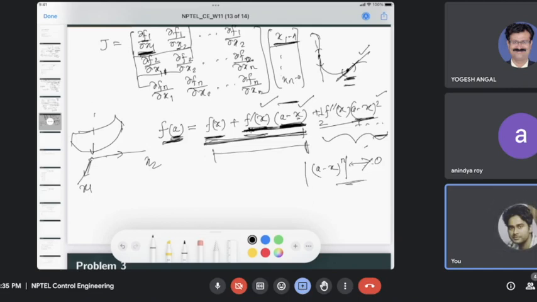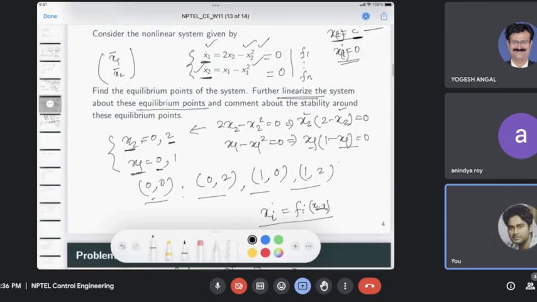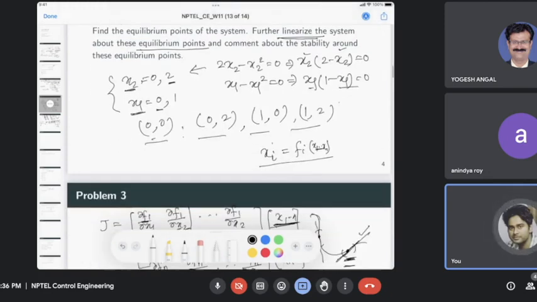In the neighborhood of that point we can apply this first order approximation, and see what this linearized model will be.